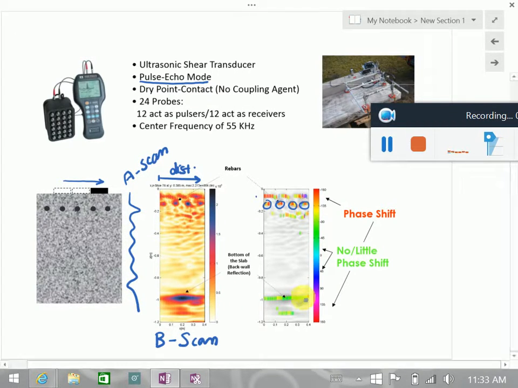And at the back wall, because you have air and it's perfect, you see that phase is 0. It's all green, nice and easy. So this way, we can characterize the interface. Not only say where it is, but also what type of material this is. Make sure you know how to interpret a B scan.